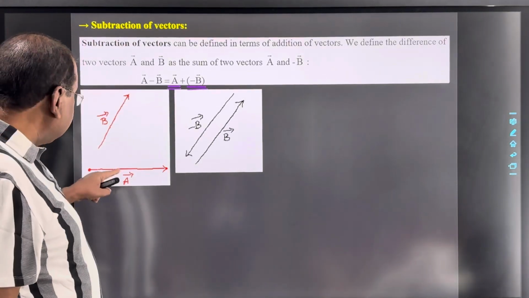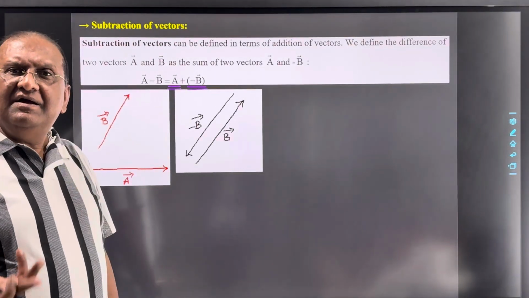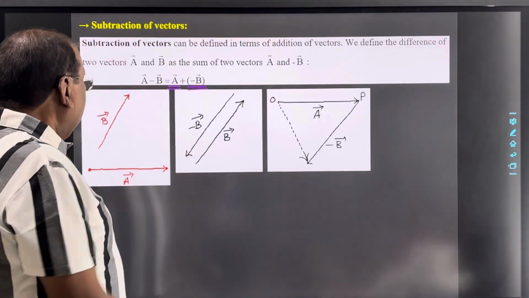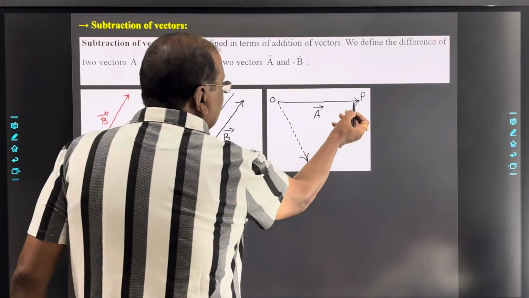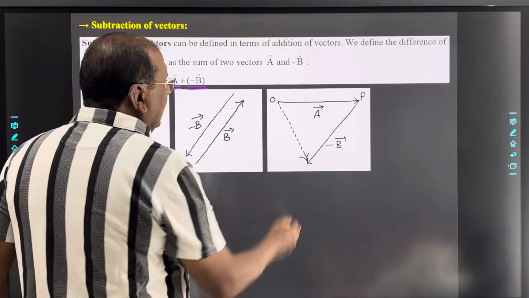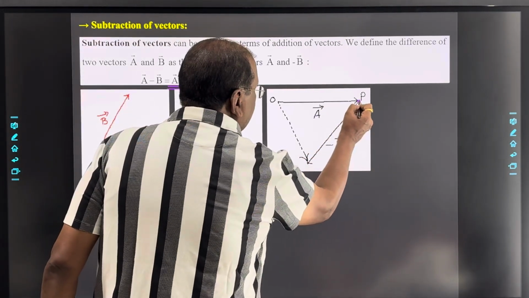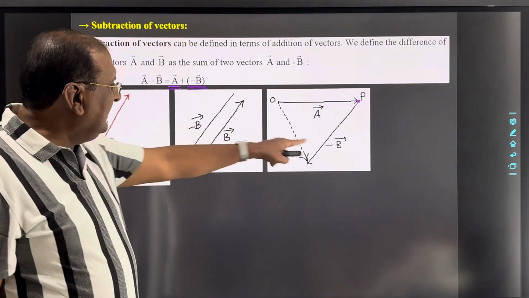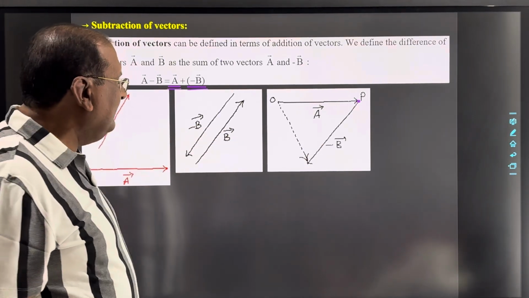Now take the summation of A and minus B by head-tail method. Okay, so here vector A is prepared, OP, and from the head of vector A, from P, vector minus B is represented.